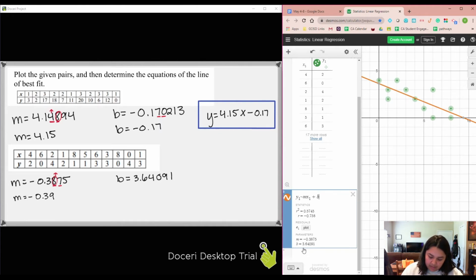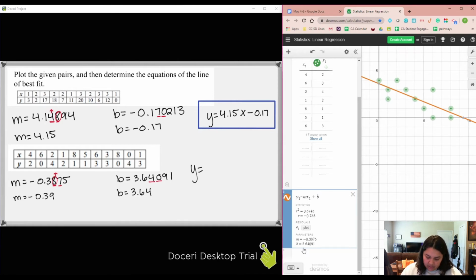Okay. On my b, I'm looking at 4 and 0. Here, 0 is not greater than 5, so that means that the 4 stays where it's at. It stays. So my b, my y-intercept, is 3.64.